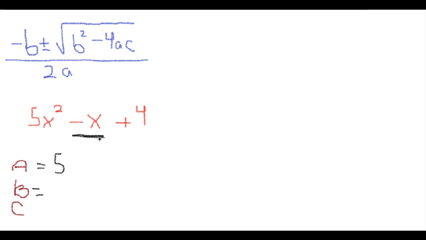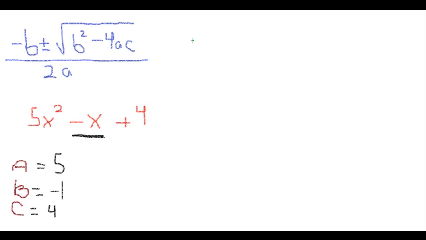If it's a positive x, it's just x, which will be 1. So the answer here is negative 1. If it was a plus x, it would just be 1. But since there's a negative x, it's negative 1. And our c will be 4.